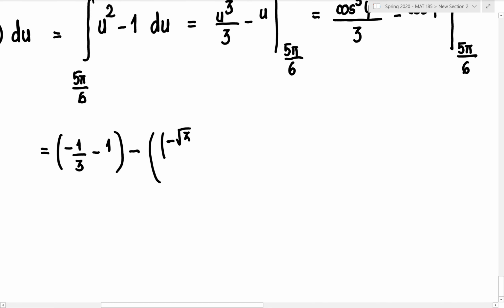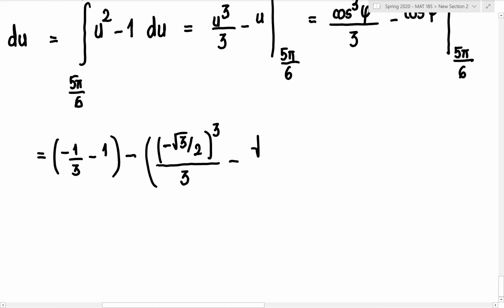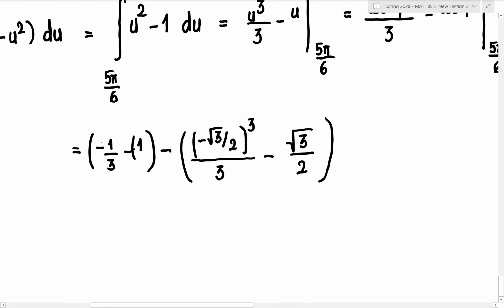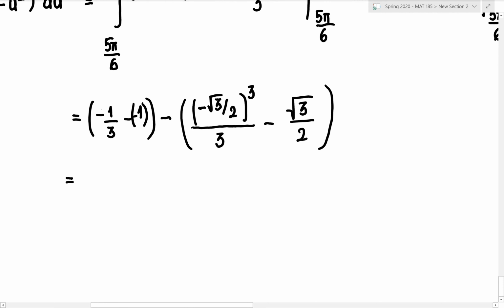So I'm going to get negative radical 3 over 2 cubed divided by 3 minus radical 3 divided by 2. All right, and if I simplify all of this and put it in your calculator, you get 2 over 3 minus 3 radical 3 over 8.